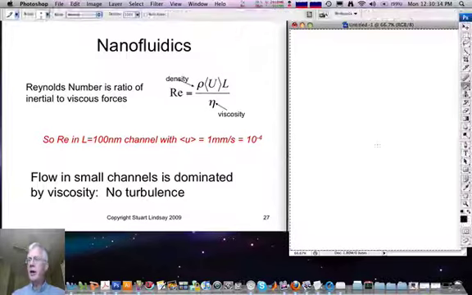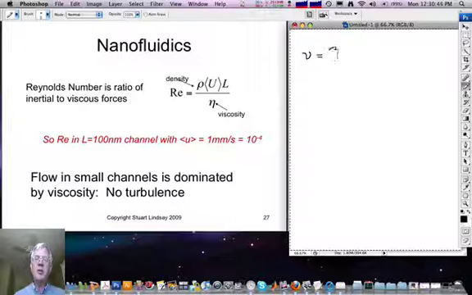We can calculate the Reynolds number then by taking u to be a millimeter per second and using the fact that the kinematic viscosity of water, which is equal to the viscosity divided by the density, is on the order of 10 to the minus 6 meters squared per second.